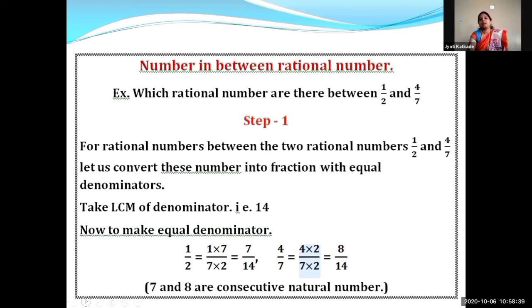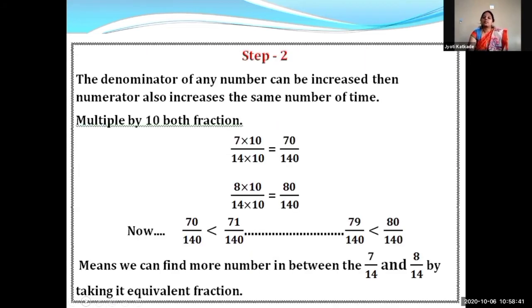see next slide. In the second step, if the denominator of a fraction is increased, then the numerator also increases the same number of times. So multiply both fractions by 10. Means we take the equivalent fractions here.